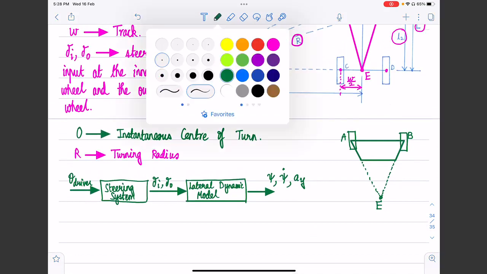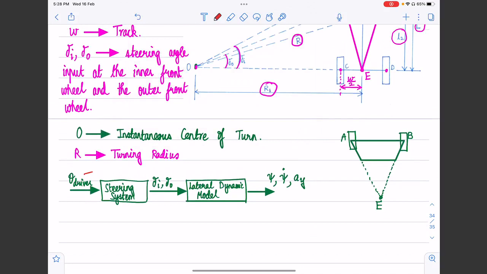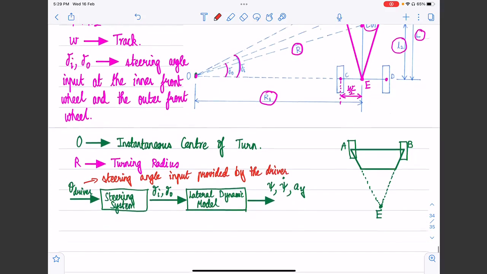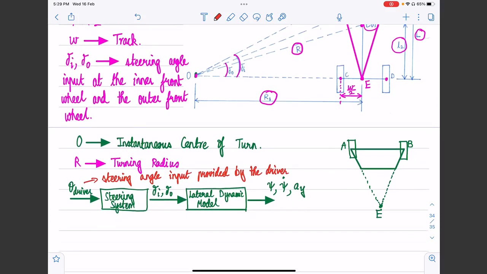So this theta driver, what I'm indicating here, will be the steering angle input provided by the driver, whereas delta I and delta naught are the angular displacements of the steered wheels. There's a subtle difference between them. So we need to have a model for the steering system to go from theta driver to delta I, delta naught.